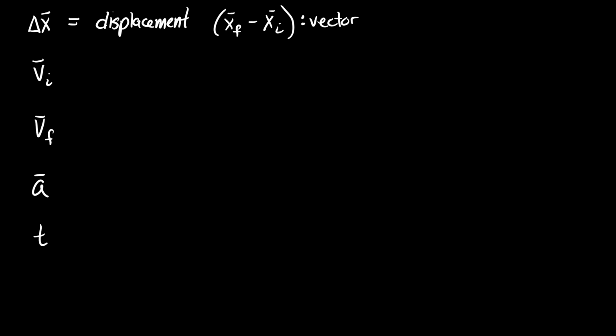Good so far? Do you also remember that displacement is change in position, and can be determined by finding the area of a velocity versus time graph? You guys remember all of those things? All stuff that we've talked about in here.